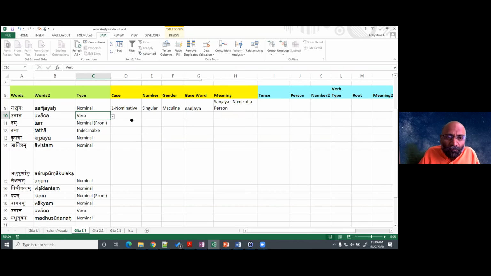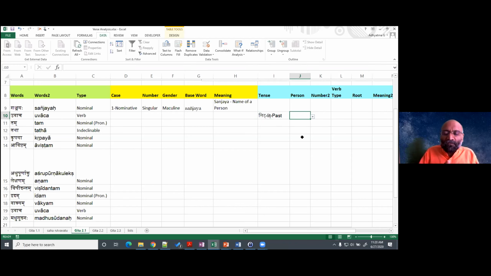Uvacha, it's a verb form. For the verb form, these are the things which are applicable. So what is the tense? Sanskrit has 10 tenses and moods. Uvacha is in the past. There are 3 types of past tense in Sanskrit, and this lit is the past tense which is applicable here.